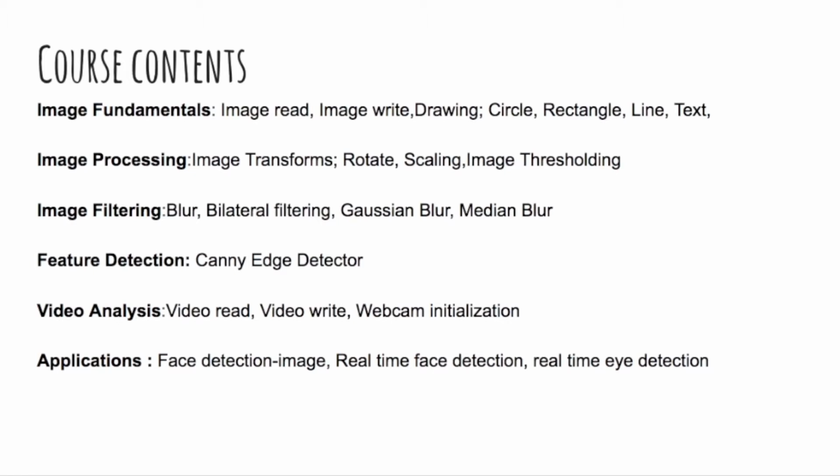Also, we're going to learn about image processing and image filtering. Furthermore, we're going to discuss topics like feature detection and video analysis, and we're also going to cover some of the applications of computer vision.